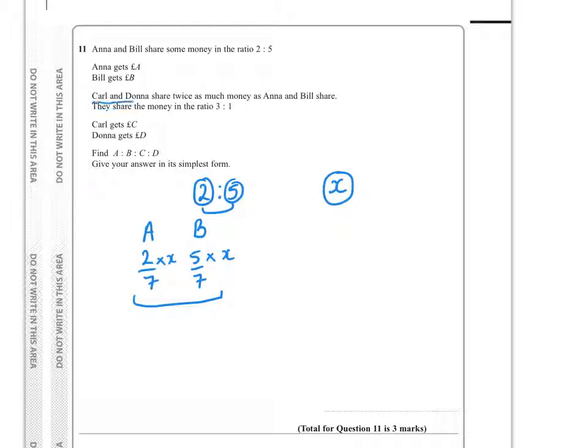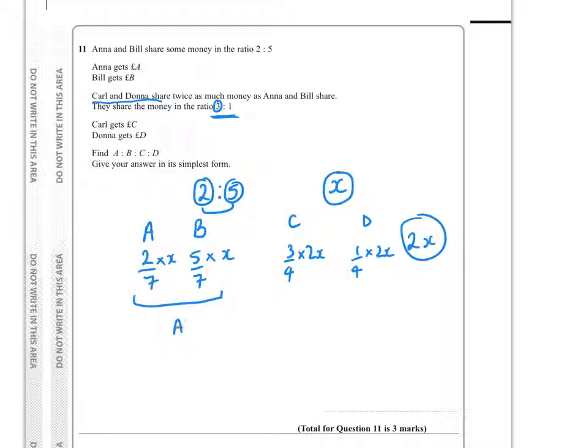Carl and Donna share twice as much money, so they're not looking at X now, they're looking at twice X, whatever X is. And they share the money in the ratio 3 to 1. So Carl would get 3 out of 4 parts, but not of X, of 2X. And Donna would get 1/4 of the same amount.